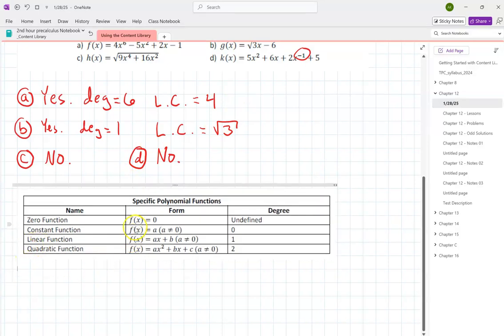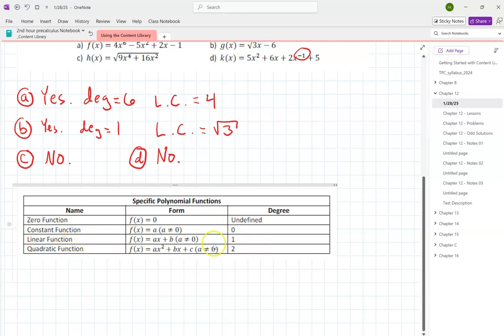If we have a zero function, just f of x equals 0, that's a polynomial. We say that's undefined degree. A constant function, where f of x is equal to some non-zero a, like f of x equals 5 or f of x equals 1/2, those are degree 0 polynomials.